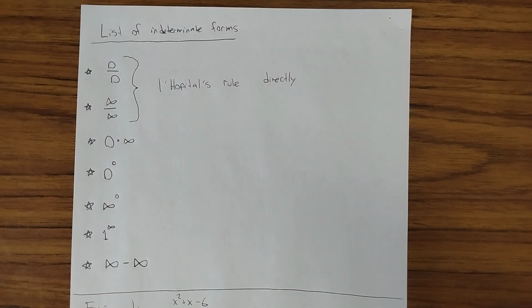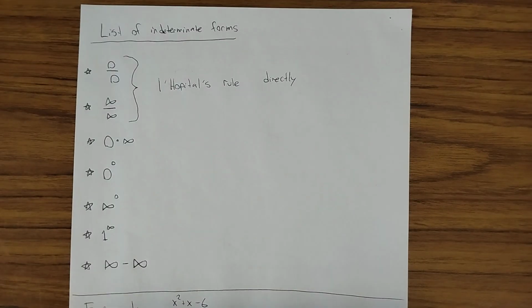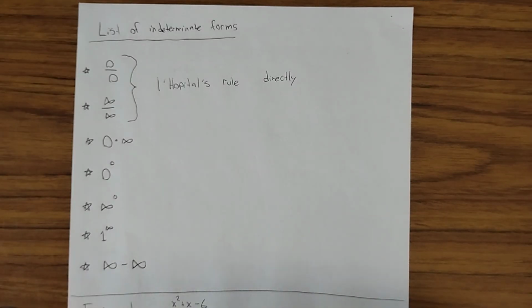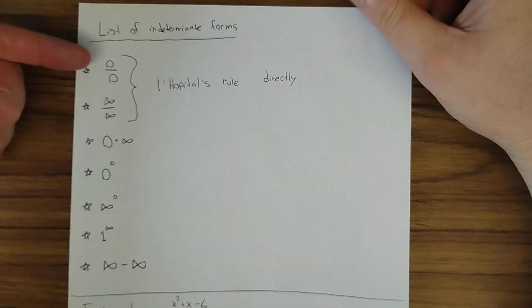And it's called an indeterminate form because simply knowing what happens to f of x, like whether it goes to 0 or 1 or whatever, and knowing what happens to g of x, does not necessarily tell you what happens to this combination of f of x and g of x, whether we're talking about f over g or f times g or whatever. These are called indeterminate forms.